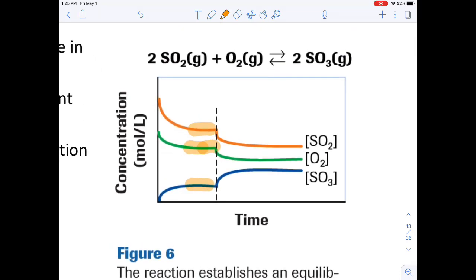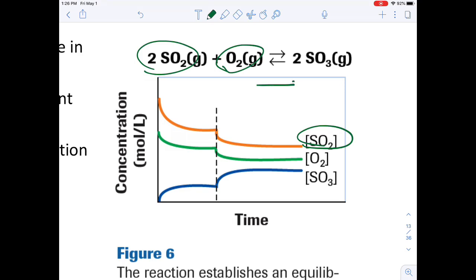So here, you can see that my sulfur dioxide is going down. My oxygen is going down. So it's shifting this way. My sulfur trioxide increases. So obviously my shift has gone this direction.